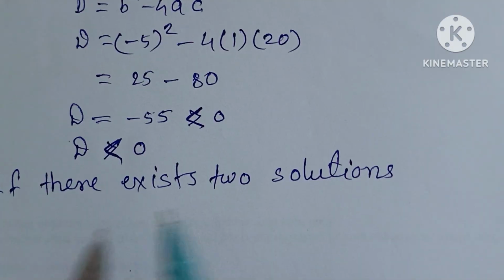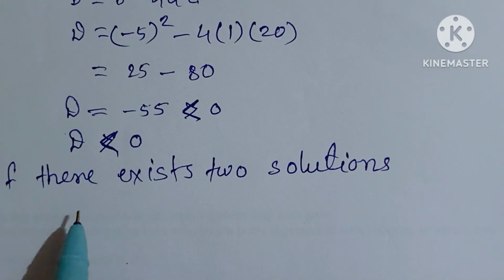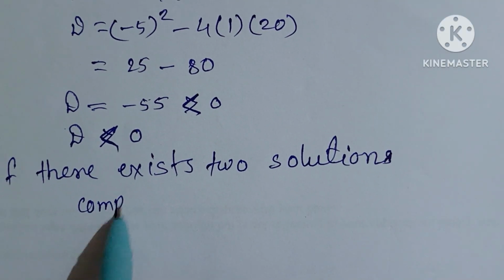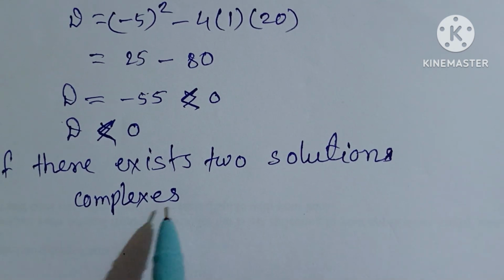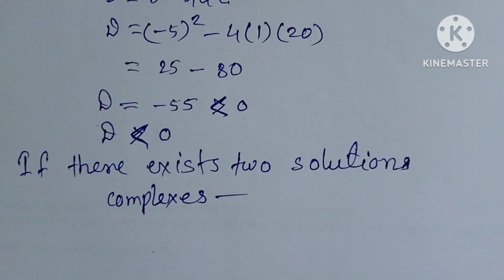Which type of solutions? Complex solutions. Two complex solutions. If there exist two complex solutions, they will be found here.